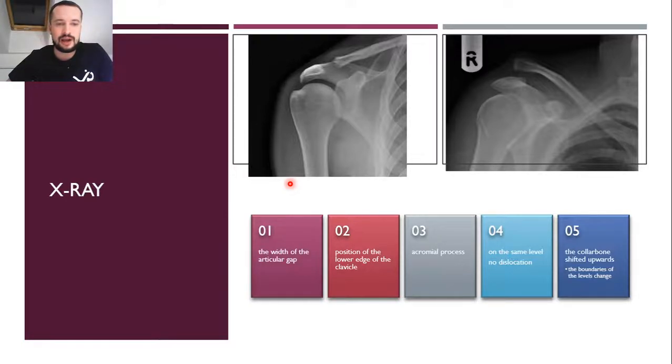And if the clavicle has shifted upwards, then the boundaries of the levels change. There you see two X-ray films with clavicle dislocation, but they are not right, because we don't see a normal clavicle.